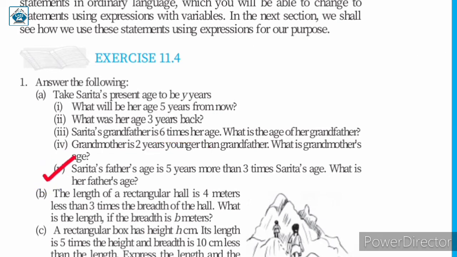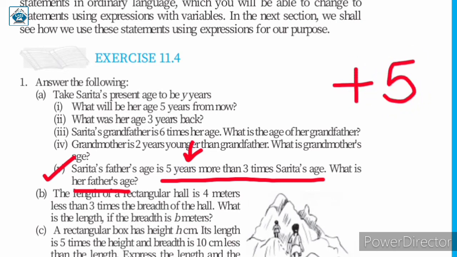Lastly, Sarita's father's age is 5 years more than 3 times Sarita's age. What is her father's age? In this case, we are given that it is 5 years more. That is, we will definitely add 5. But what will we add this 5 to? Here we are given 3 times Sarita's age.